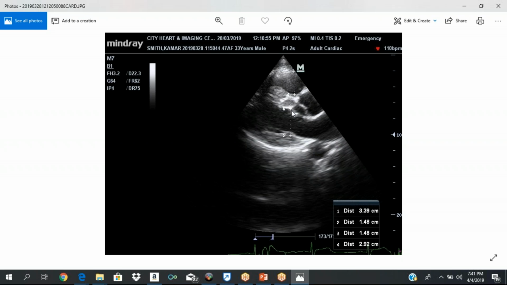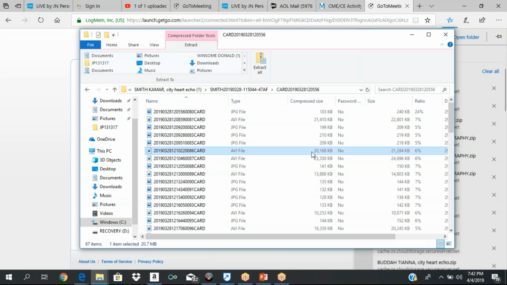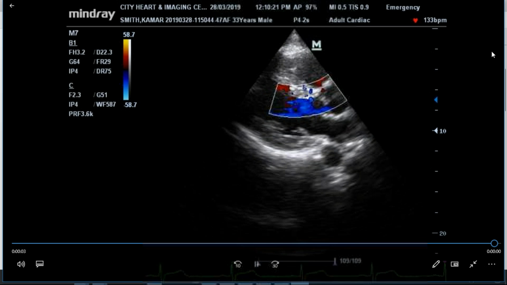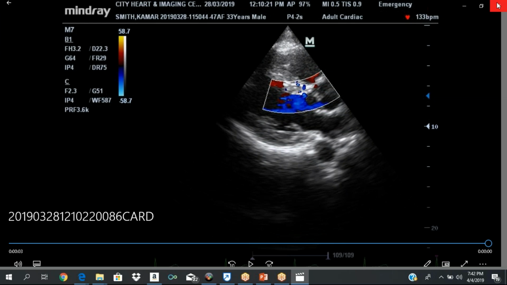So your septal thickness in diastole, LV cavity size in diastole, and the posterior wall. We're not going to discuss color flow as well.